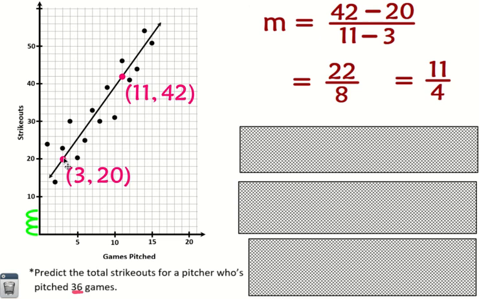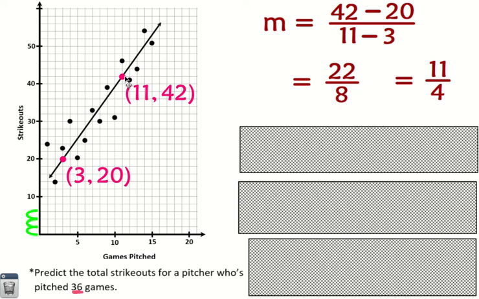If you were not really paying enough attention, and you go, okay, here we go: 1, 2, 3, 4, 5, 6, 7, 8, 9, 10, 11. My rise is 11, and my run is 1, 2, 3, 4, 5, 6, 7, 8. Yeah? So is your rise over run 11 over 8? No. The formula will always be correct.